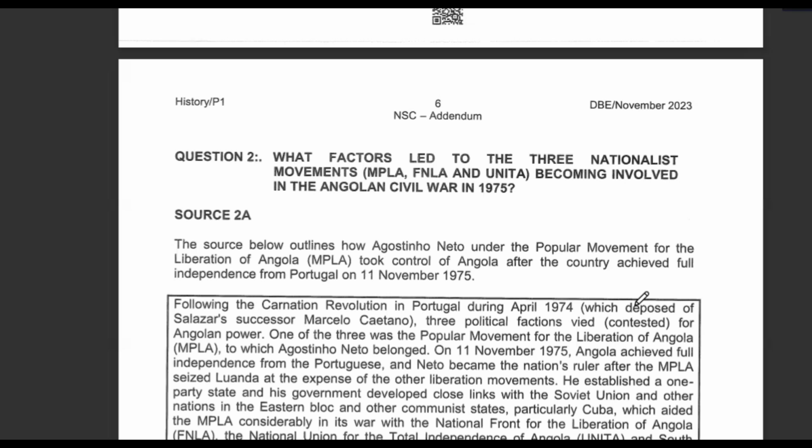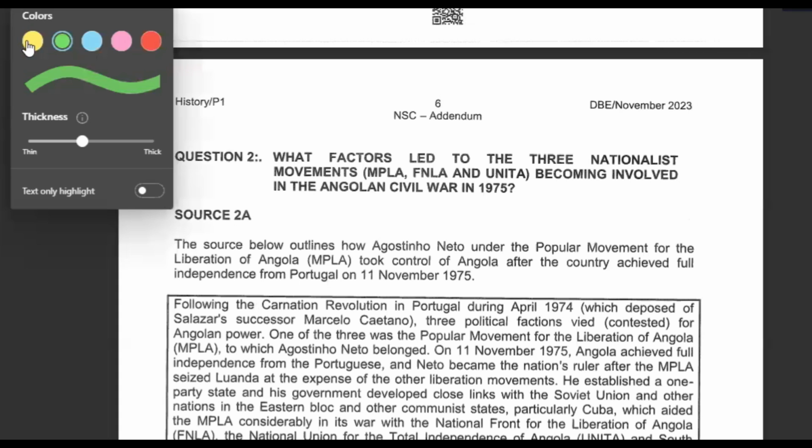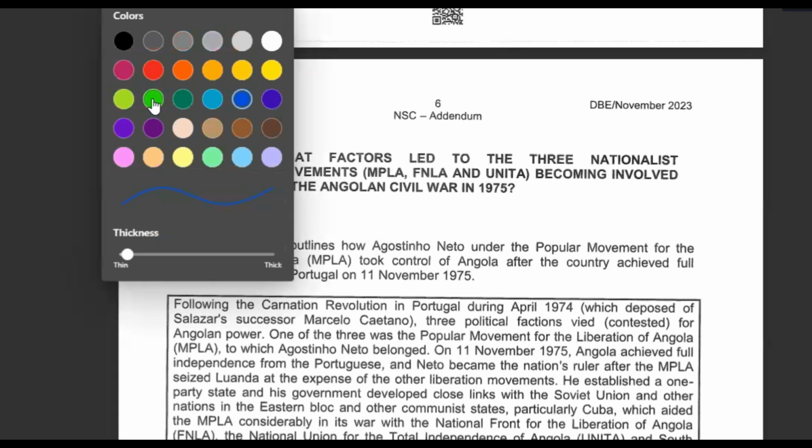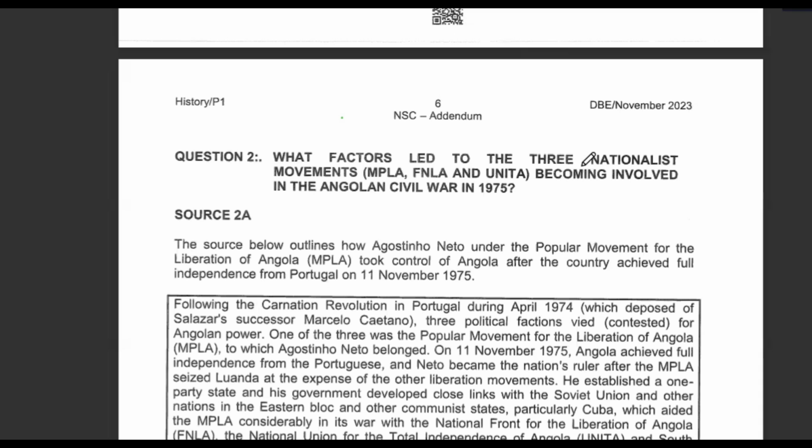Immediately after that, we had a liberation movement led by Agostinho Neto, who was representing the party known as MPLA. So we want to find out how he ended up getting into power. The key term there is Agostinho Neto. Which political party did he represent? It is the MPLA. Now back to the questions.